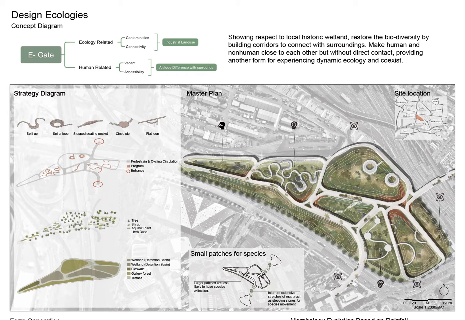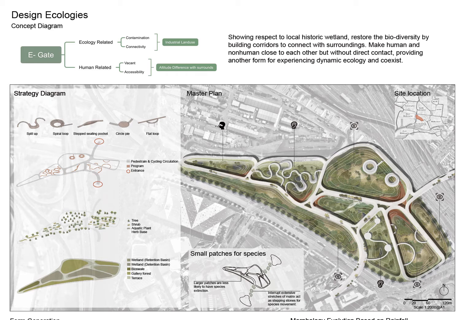Based on that, my proposal is showing respect to the local historic wetland, restoring the biodiversity by building corridors to connect with surroundings, making human and non-human close to each other but without direct contact, providing another form for experiencing dynamic ecology and coexistence.